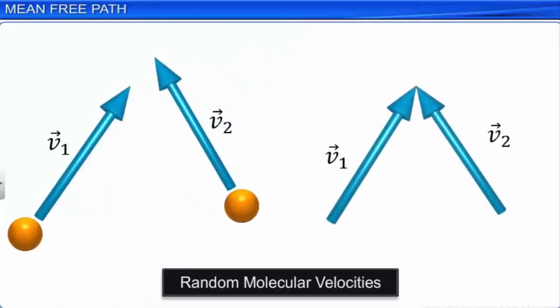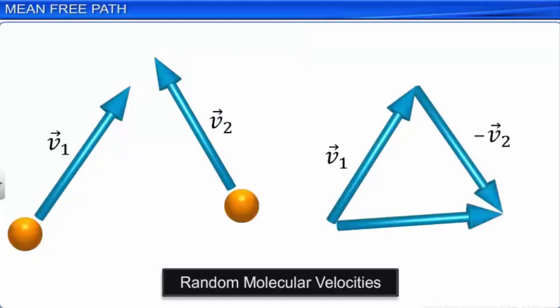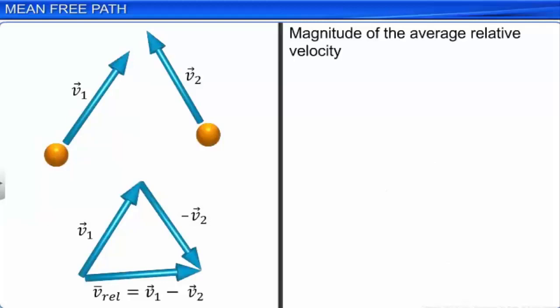Then, the relative velocity of the two molecules is v relative is equal to v1 minus v2. The magnitude of the average relative velocity, v relative bar, is equal to the square root of v relative bar dot v relative bar.